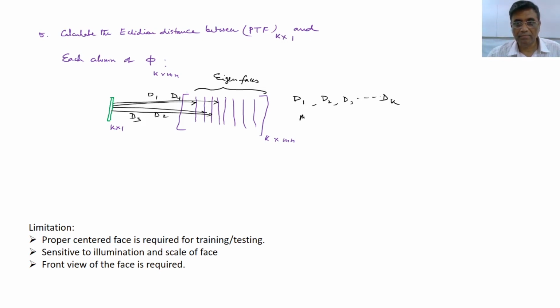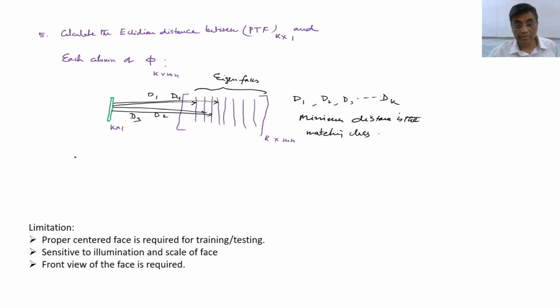So the minimum distance is the matching class. Okay, so that's how it works, isn't it? Great. So you have got the classification.